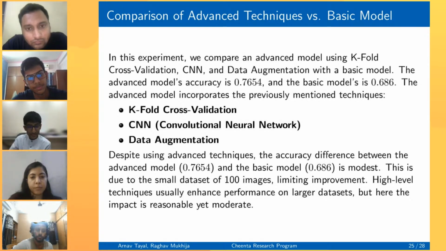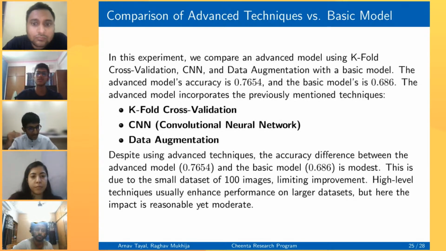Well, you might say the difference is quite small, but I feel it's reasonable for now because we have added such complex techniques on a very small data set, which is not desired and can lead to overfitting. So thus you can't see that difference.